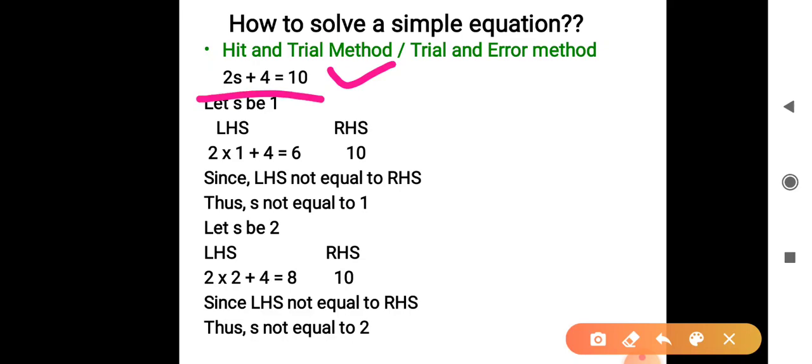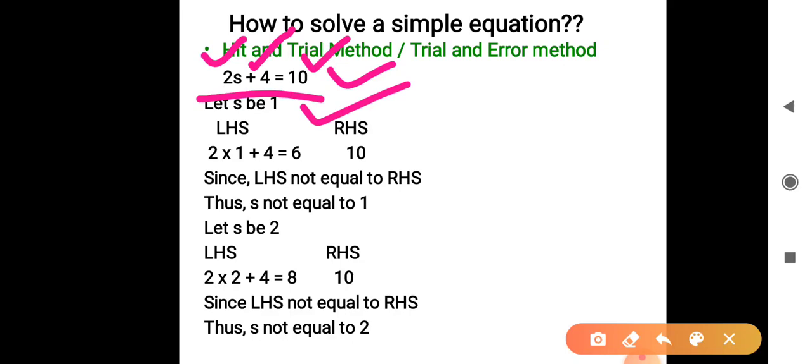So it is given 2s + 4 = 10. Now whatever constant number you can see here, 4, 10, even the coefficient of s, they are all positive integers, right? So I decided to try with the positive integers. So here I am with the number 1. Even you can do it in a similar manner.